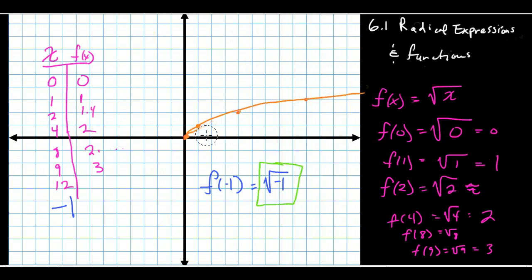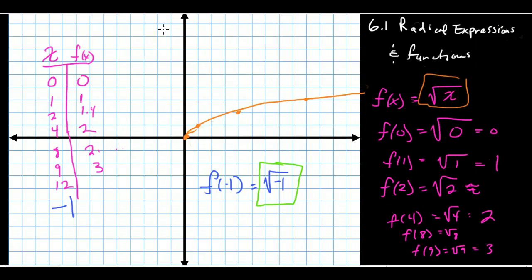But the important thing to understand is that I can't take the f of a negative number if my function is the square root of x, because I can't take the square root of a negative number. So my function's not going to come down here. It's not going to mirror off the way that it might look like a parabola. So this is a graph of a radical function.